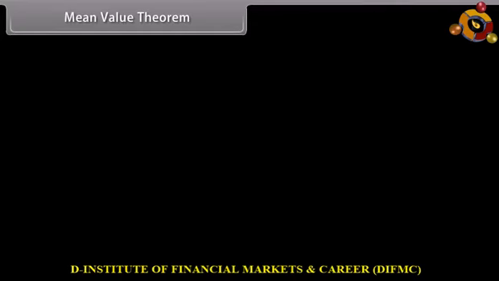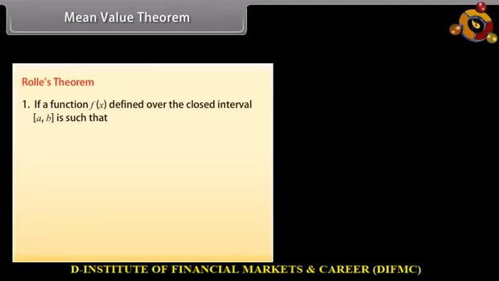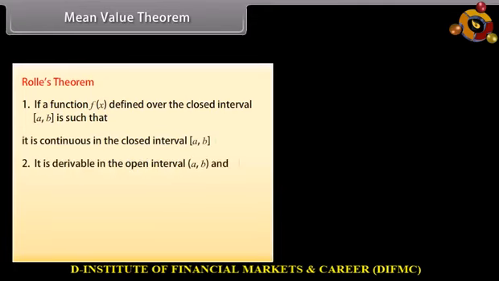Mean value theorem. Rolle's theorem. 1. If a function f of x defined over the closed interval a, b is such that it is continuous in the closed interval a, b, 2. It is derivable in the open interval a, b, and 3.